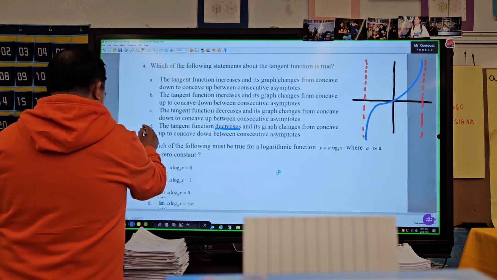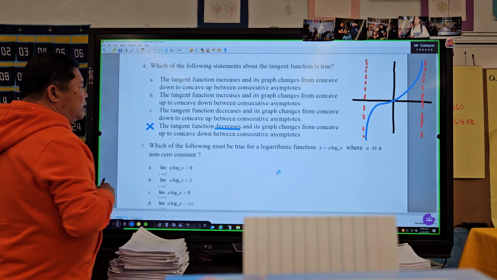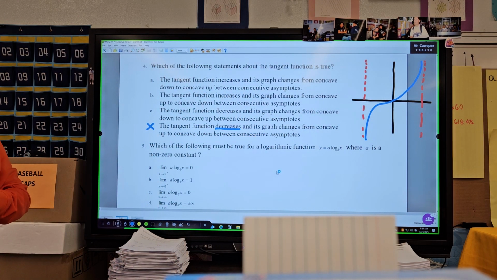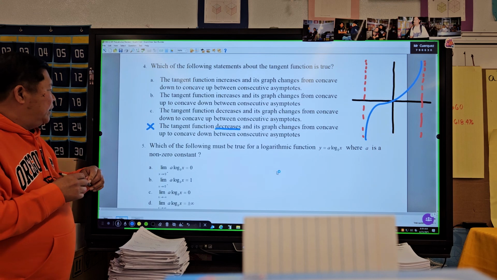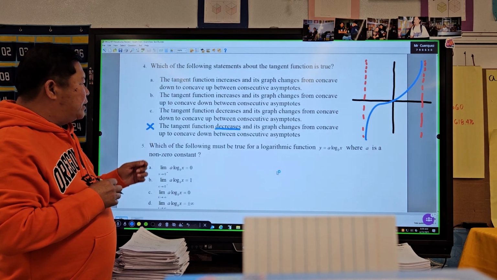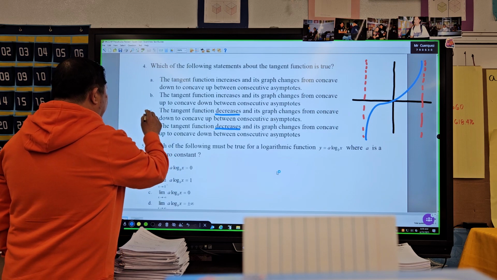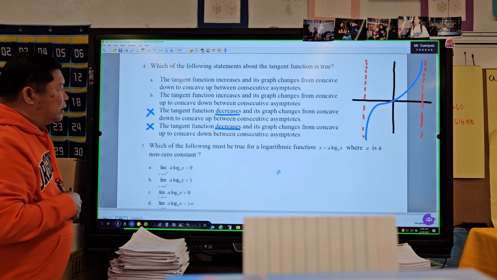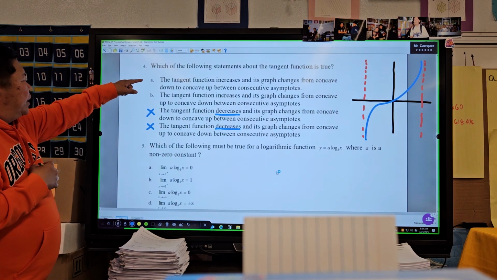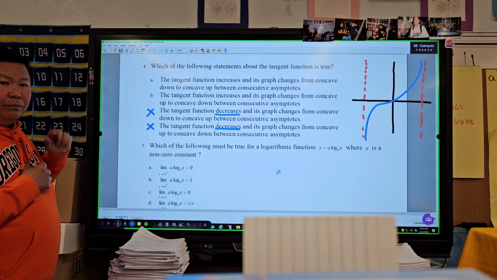It's increasing, right? So we cannot choose this one. Letter C also mentions decreases, so we cannot choose this one either. So the only possible candidates are A and B.